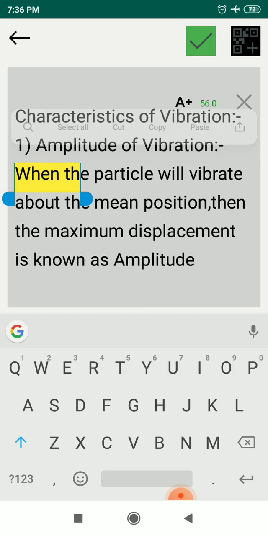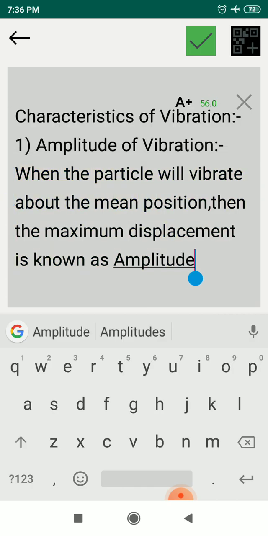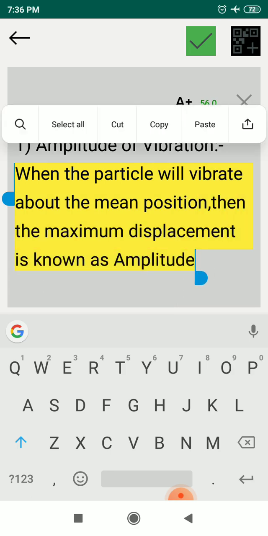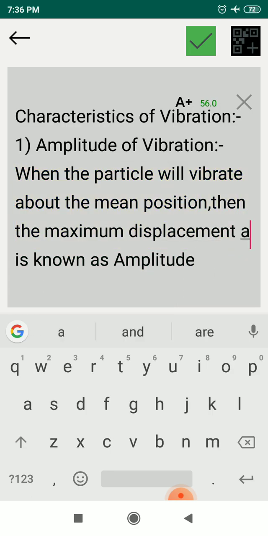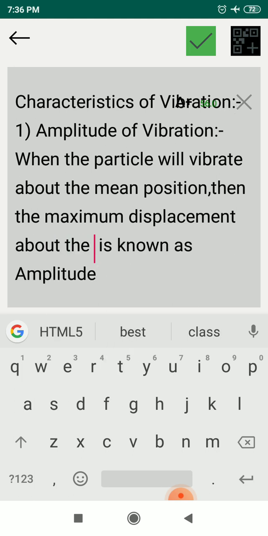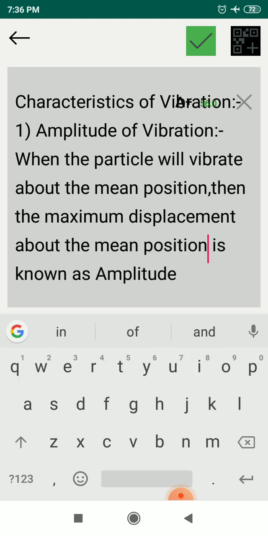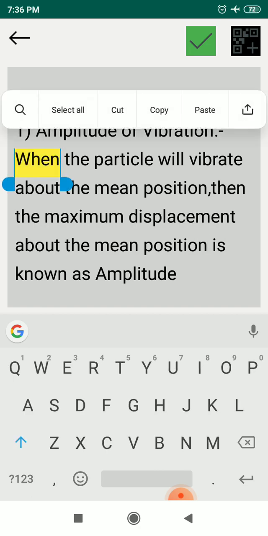Again, when the particle vibrates about the mean position, then the maximum displacement about the mean position is known as amplitude.